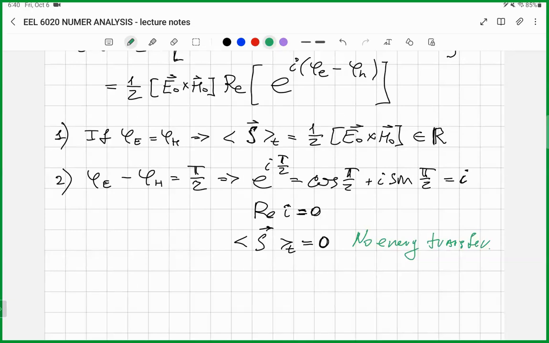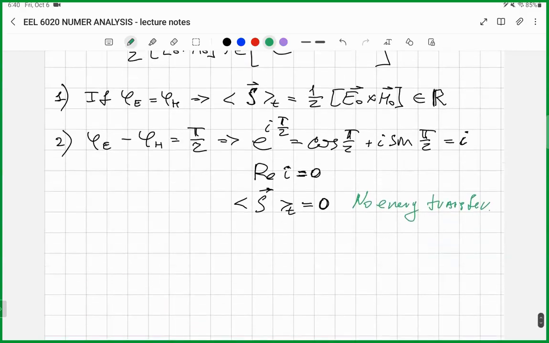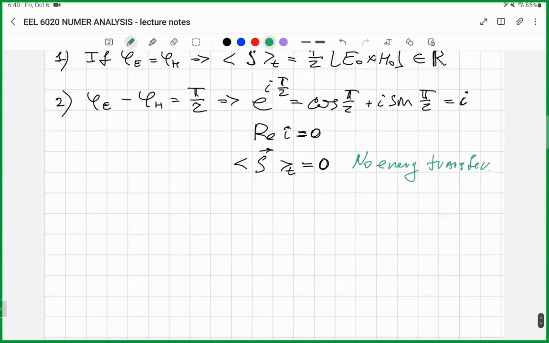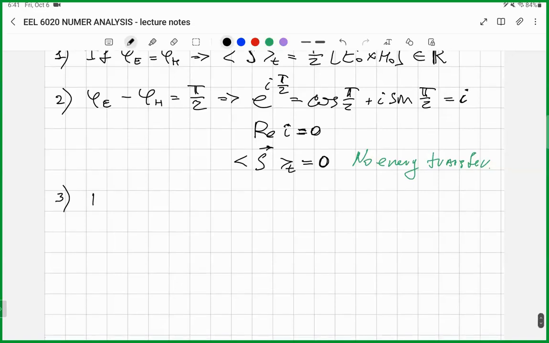This is an interesting result, which simply says that we can not only transfer energy using the electromagnetic field, we can also store energy in the electromagnetic field and keep it somewhere, just by changing the phase between the electric and magnetic field.